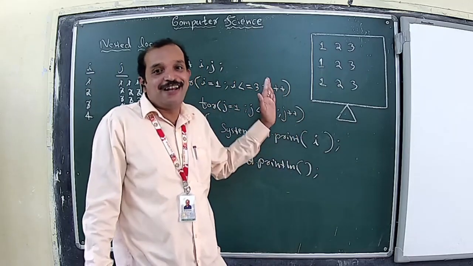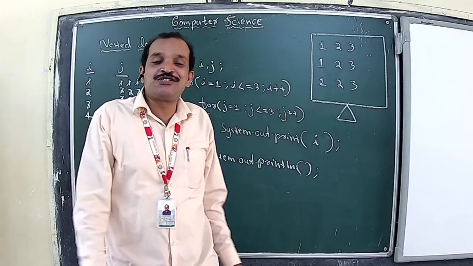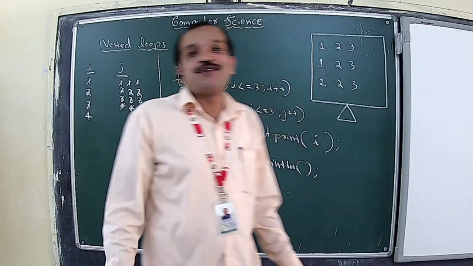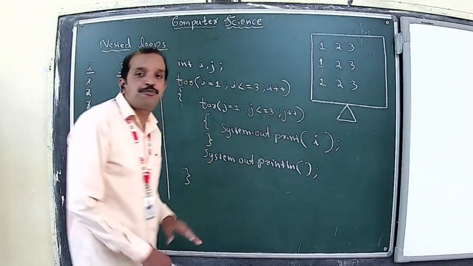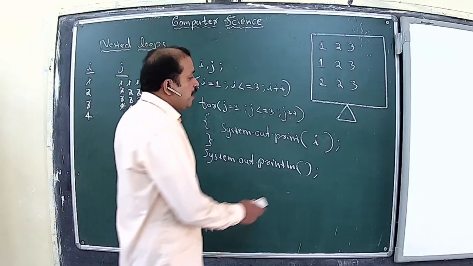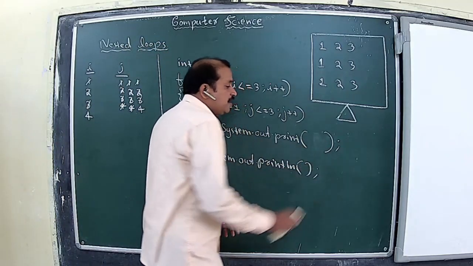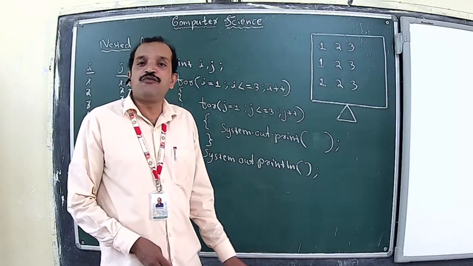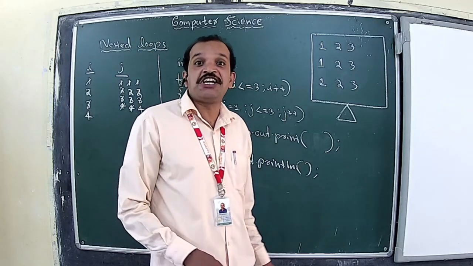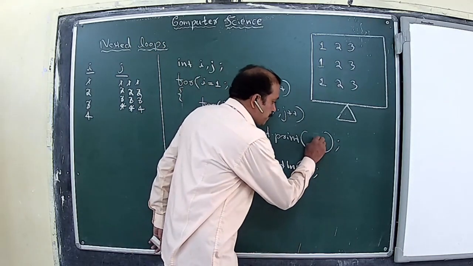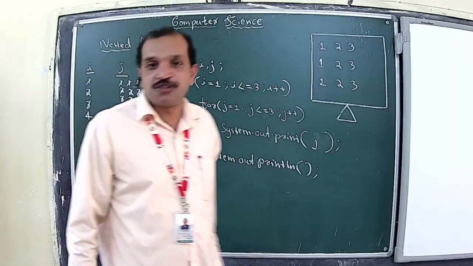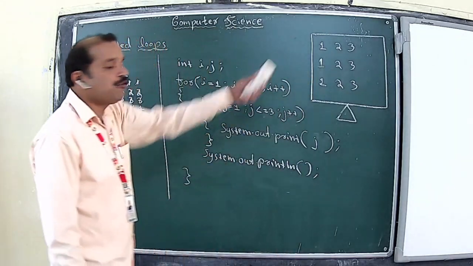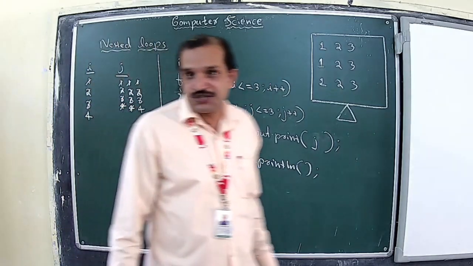And as we have already learned, the inner loop is responsible for the column. Therefore, only one change is needed to change this output into the column value. Instead of printing I, we will print the loop control variable that is responsible for the inner loop, that is J, and thereby print all the column values. All right, so this is how this output can be produced.